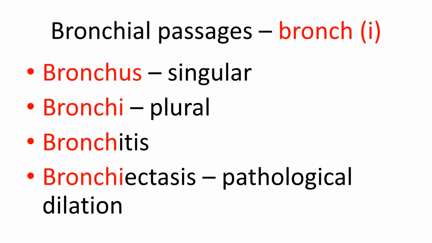Bronchitis is inflammation of the bronchial tree, one of the components of the chronic obstructive pulmonary disease we see so much of in our hospitals. Bronchiectasis is a pathological dilation of the bronchial passages. So again, usually fairly obvious when the bronchial passages are being talked about in medical terminology.